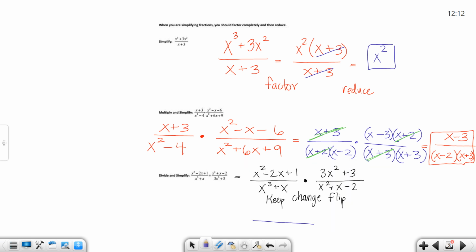So when I start factoring, I'm going to get the factors of 1 that add to give me 2 are 1 and 1, and they're the same sign, both negative. On the bottom I have a common factor of x, so this is a GCF. I take out the x, and that leaves me with x squared plus 1 left over.